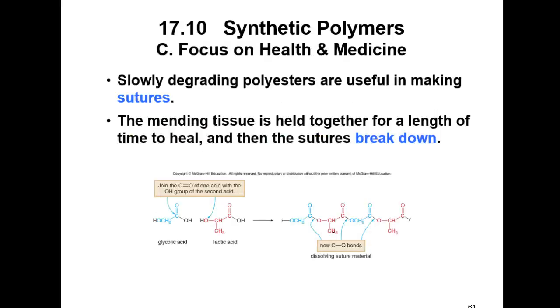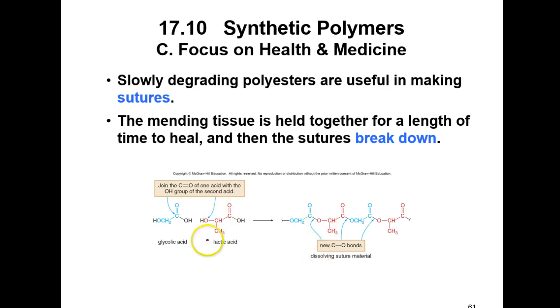Part C is more about synthetic polymers. Slow degradation of polyesters is useful for making sutures, so that is exactly what we were looking at. The mending tissue is held together for a length of time to heal, and then the sutures break down. This is what a dissolving suture is. You have these ester bonds, and these ester bonds will eventually break over time.